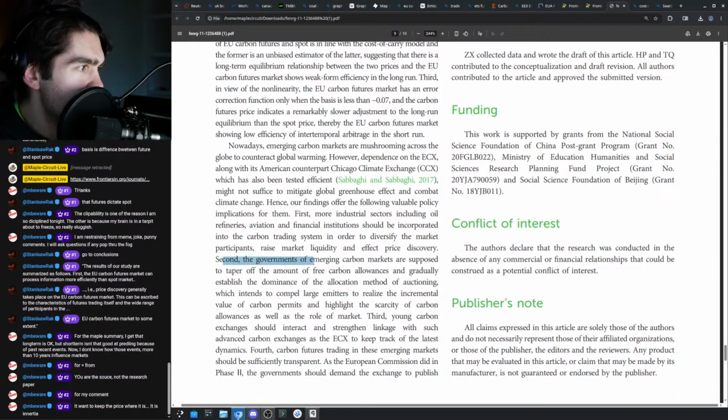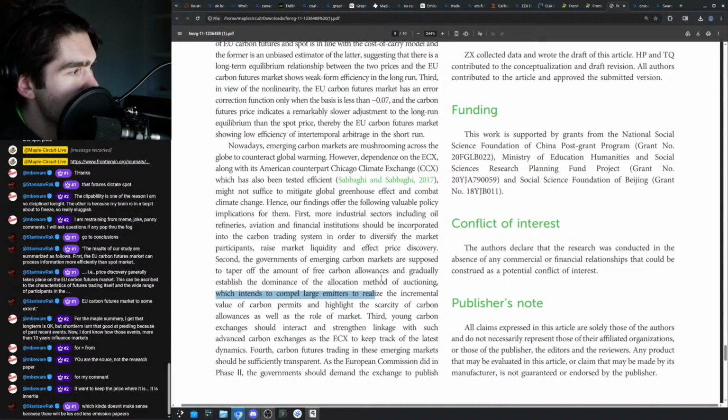Okay. Second, the government of emerging carbon markets are supposed to taper off the amount of free carbon allowance and gradually establish the dominance of the allocation method of auctioning, which intends to compel large emitters to realize the incremental value of carbon permits and highlight the scarcity of carbon allowance as well as the role of market.